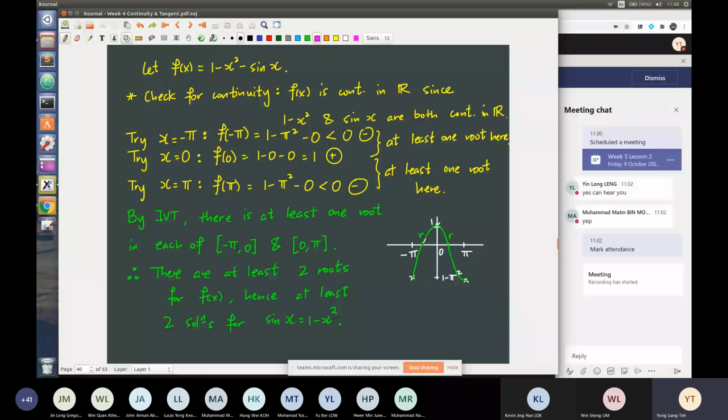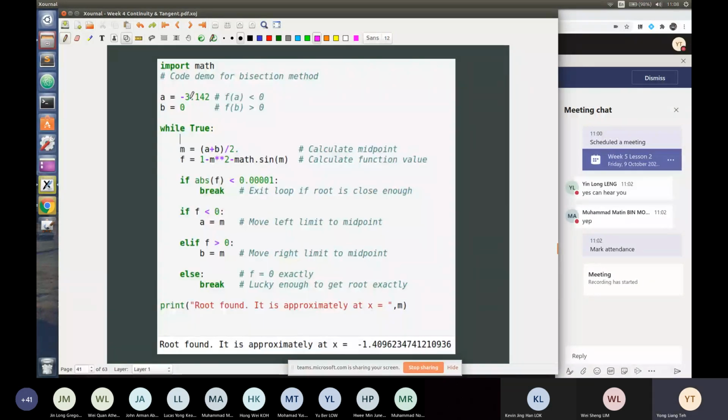Subsequently, it changes sign again from positive to negative, and hence we discovered another possible root within the interval 0 to pi. So there is at least one root in each of these two intervals, and we performed the finding of the root in minus pi to 0 using this simple Python code here.